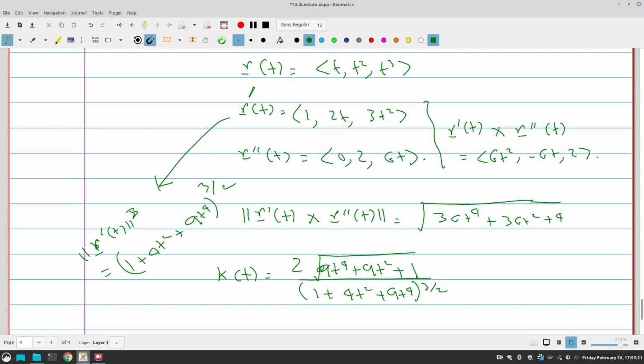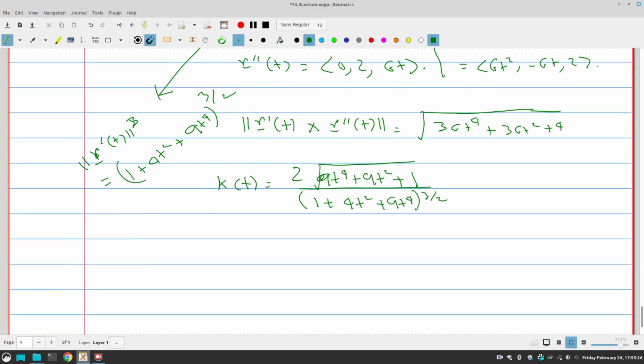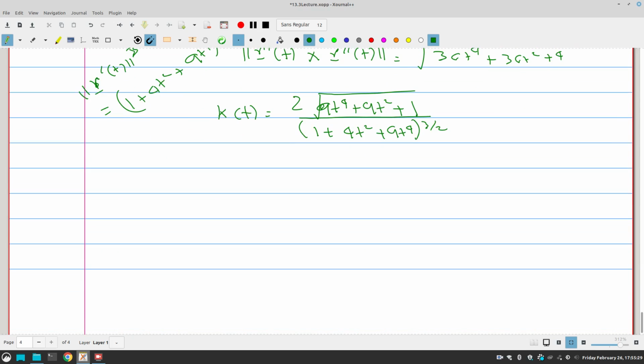Now, if you have a plane curve, y equals f of x, the curve y equals f of x can be parameterized as r of x equals x, f of x, 0, right?